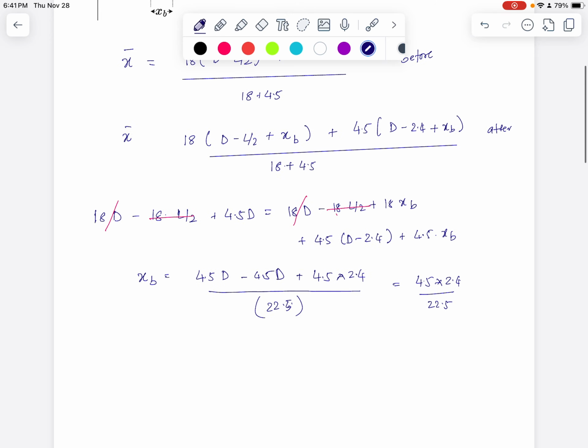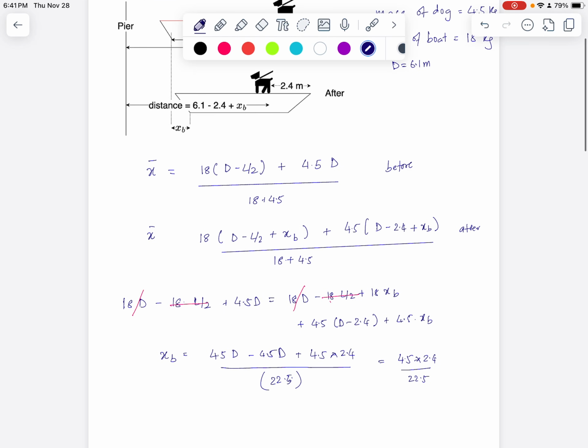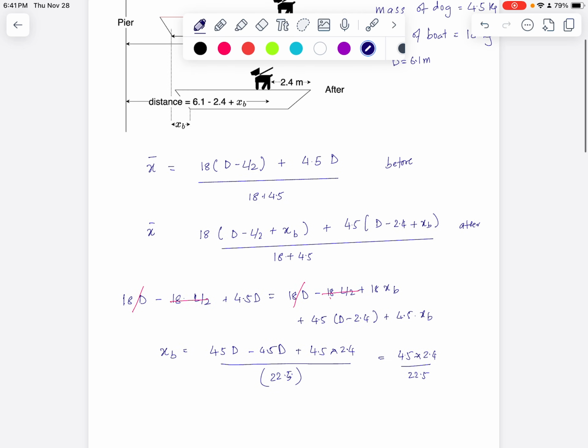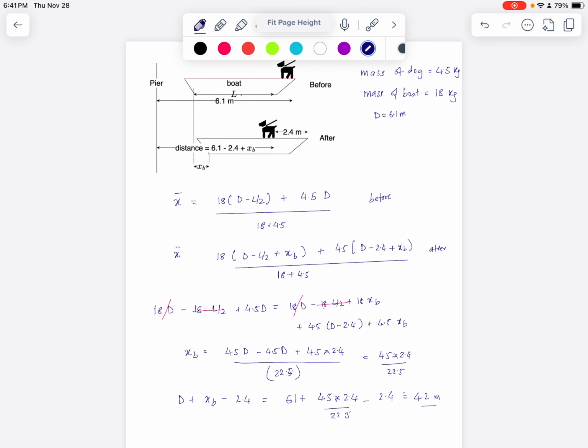The new distance of the dog from the pier is d plus xb minus 2.4, which is 6.1 plus 4.5 times 2.4 divided by 22.5 minus 2.4, and that gives you approximately 4.2 meters.